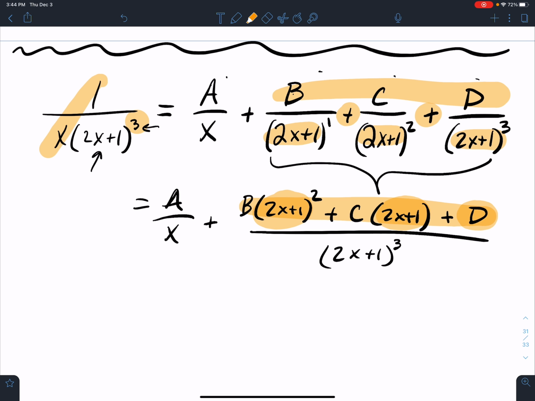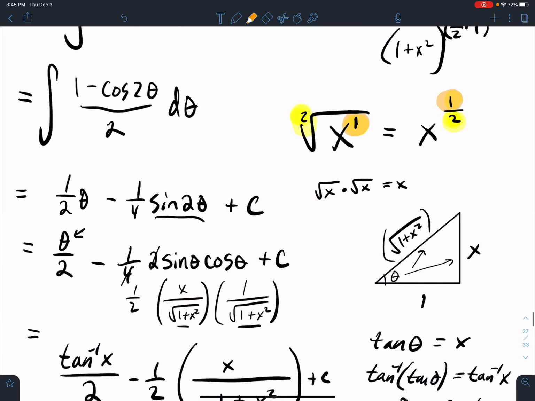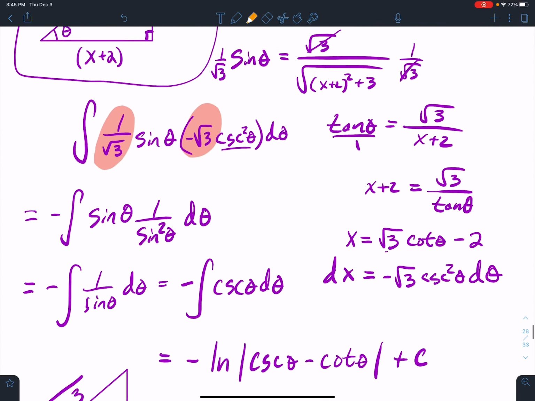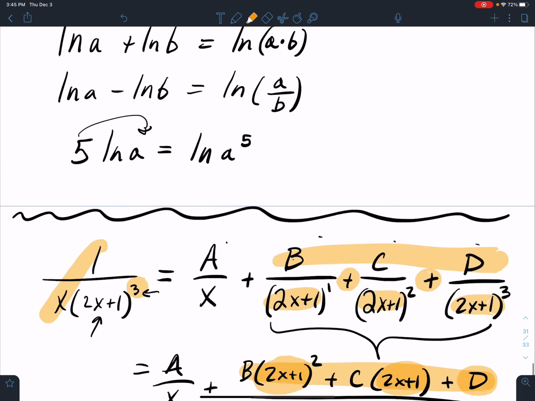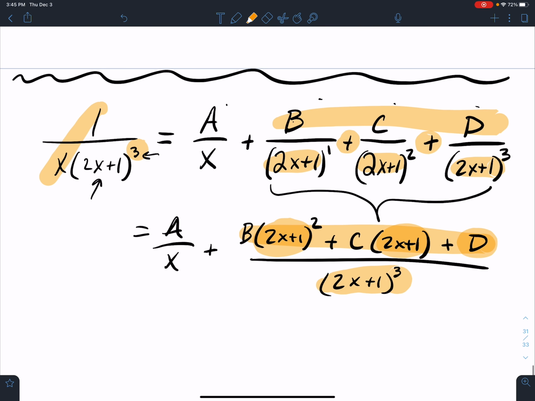less than the denominator. You remember, to be in partial fraction land, what did we say at the very first? We said that the rational polynomial needed to have a degree that was less than the denominator. Okay, if that's the case, factor if possible, use partial fractions. So a degree that would be less than a degree 3 term here would be a degree 2.